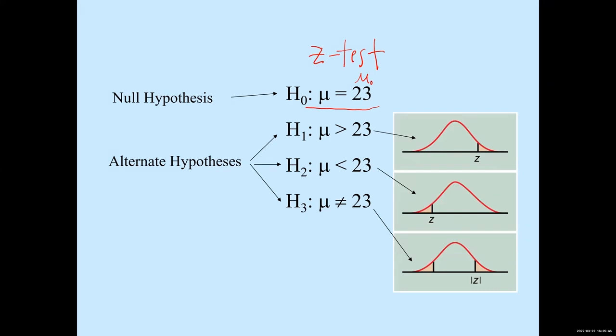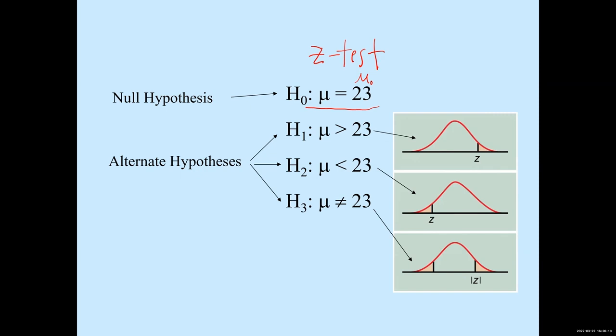It could be true that mu is actually greater than 23. It could be true that mu is less than 23. And it could be true that all we care about is that mu does not equal 23. So if mu does not equal 23, we're sort of combining these other two potential hypotheses together. We're saying, we want to find out if mu is less than 23 or greater than 23.